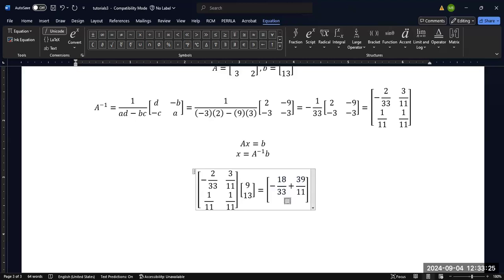And then we're going to multiply 1 over 11 by 9, so 9 over 11, plus 1 over 11 times 13, so 13 over 11.